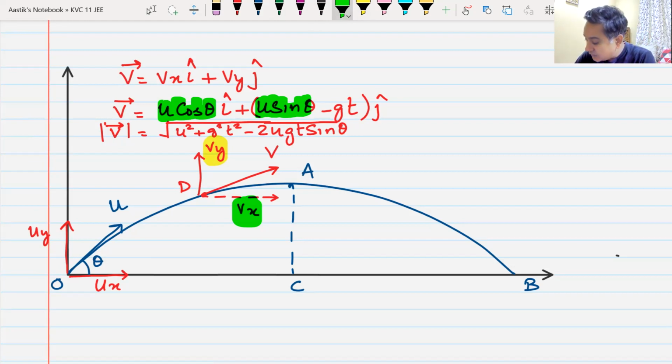Okay. Now this velocity will make some angle, let us say phi, with the x-axis. This velocity at any point will make some angle phi with the x-axis. How can you find out the value of this phi?